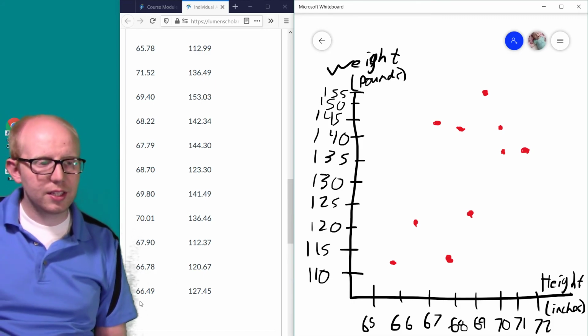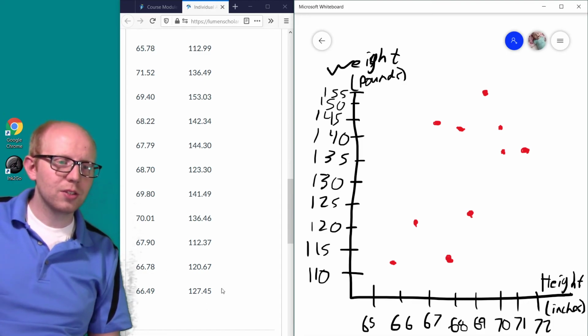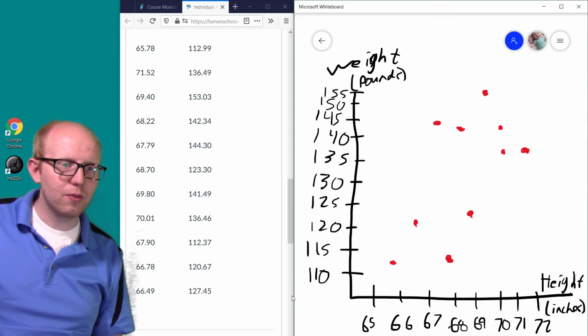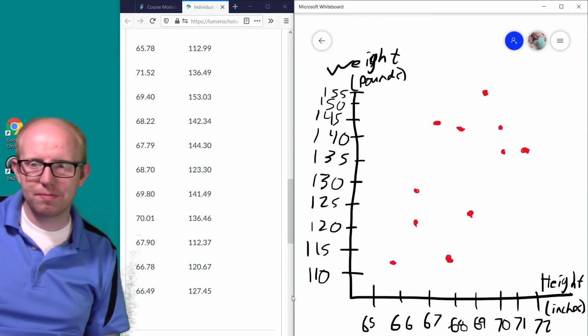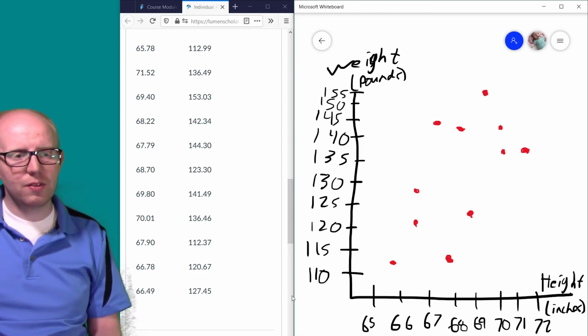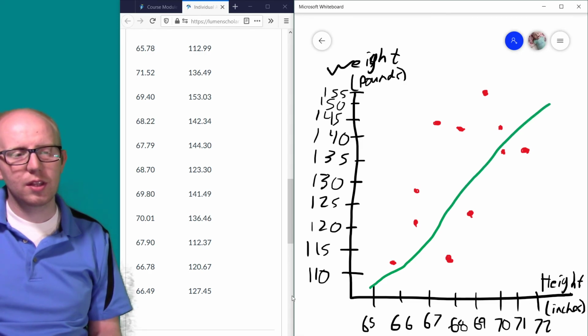And then finally 66.5 and 127.5-ish. That will be right above 66 again and right above 125, so around there.